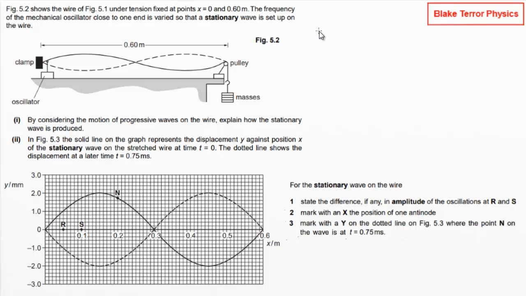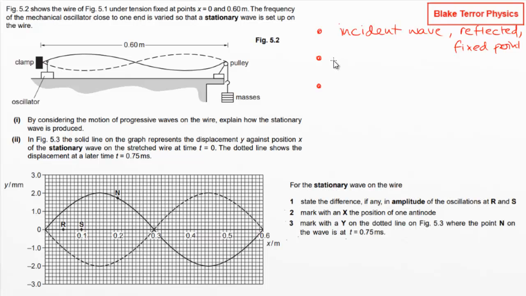Right, again, I'm not going to write all this out because I've done this quite a lot. But remember, we've got these 3 steps. So we want to say, and I'm just going to put key words here, the incident wave is reflected from the fixed points on the ends of the wire.